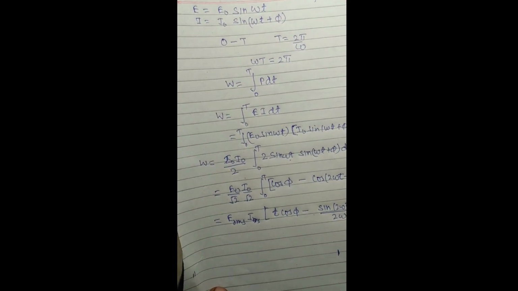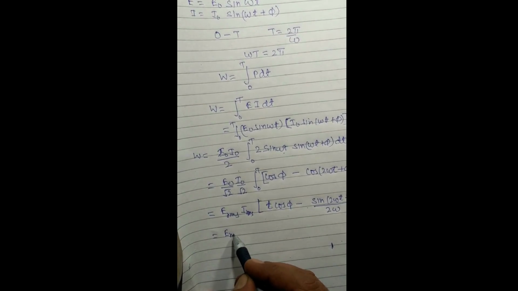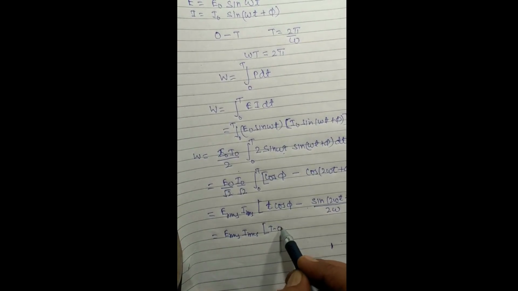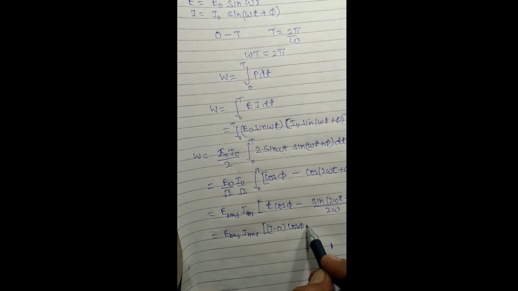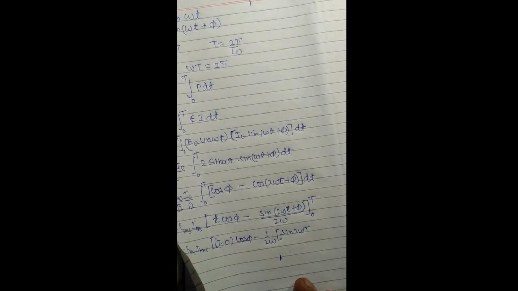Now replacing the values, here it is your E RMS, I RMS. On putting the value over here, it becomes T minus 0 cos phi minus, if we take the omega t as common, on putting the capital T, we get 2 omega T. Is that clear?